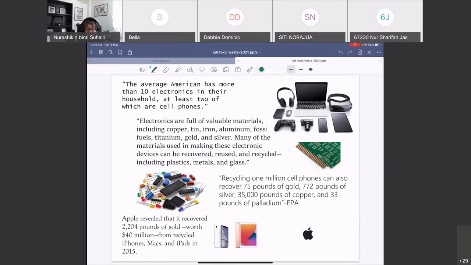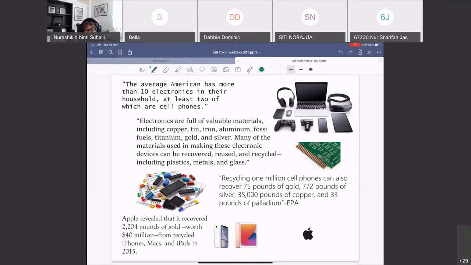So once the electronic items are not functioning, not used anymore, what happens to those things? Currently, we might not have that many places that can recycle electronic items, but there is such a practice. I'm not sure in Kuching, but maybe in KL there are some areas, though the practice is not that wide.